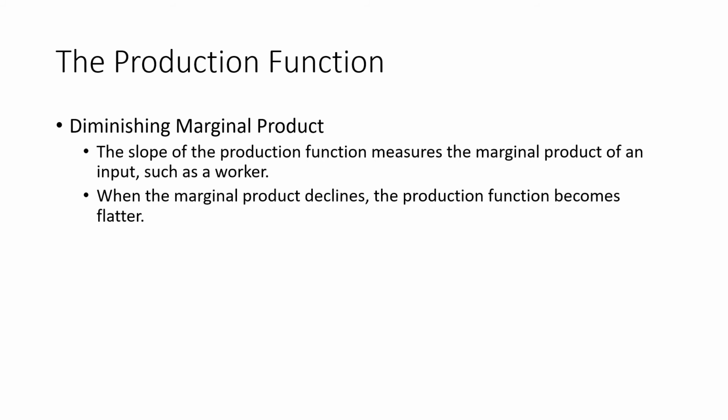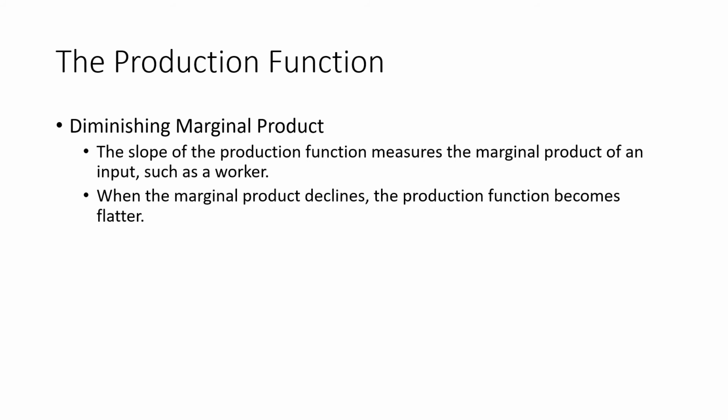Now, the production function has the property that it has a diminishing marginal product, and we understand what a diminishing marginal product is. The slope of the production function measures the marginal product of an input, such as a worker, and we have seen how the marginal productivity of labor was diminishing with each additional labor that we were hiring.